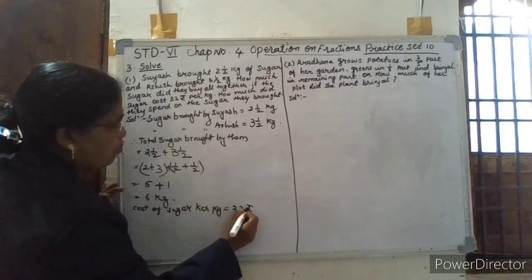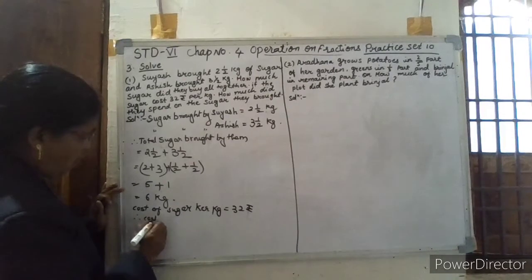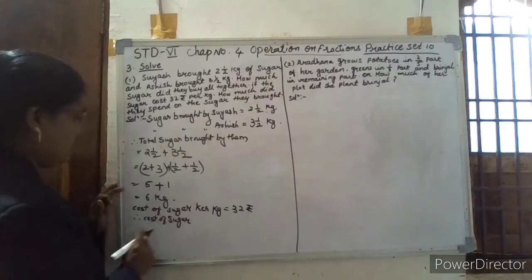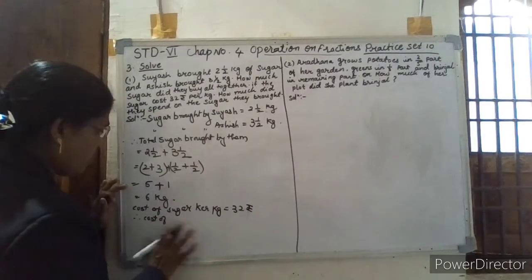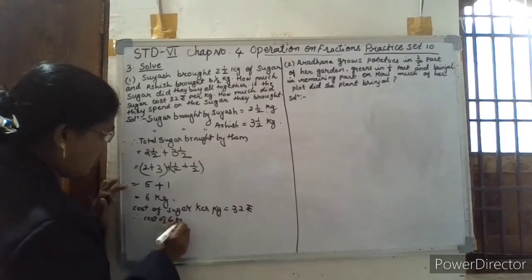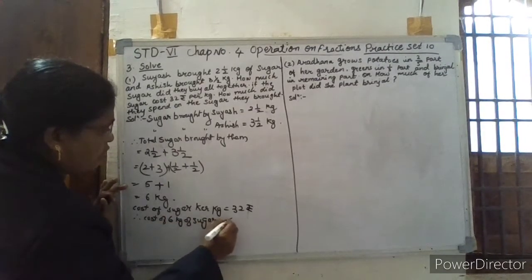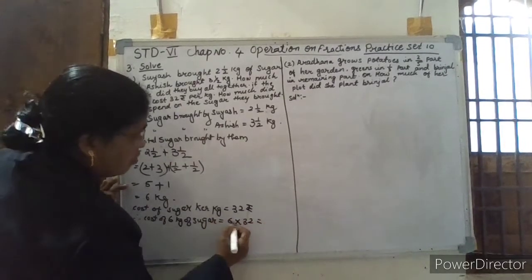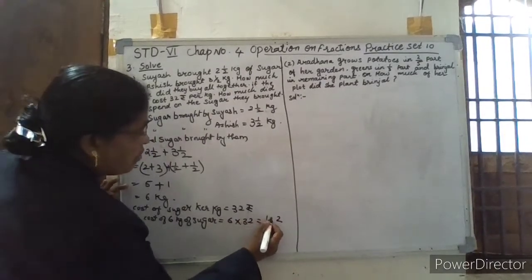Therefore, cost of 6 kg of sugar will be equal to 6 into 32. That is equal to 6 twos are 12, carry 1, 6 threes are 18, 192 rupees.